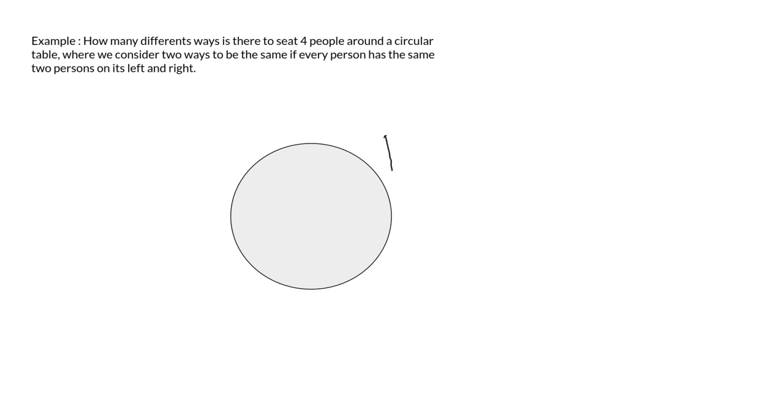So we have four positions. Now they are kind of circular. And how many people can we put in the first place? So let's say we put A here. But there are four choices for this cell because there's no restriction on it. This is the first person that we want to seat.